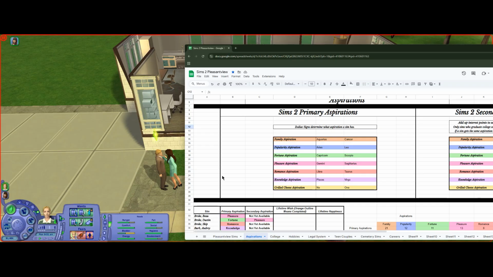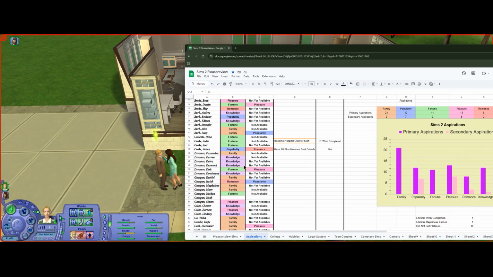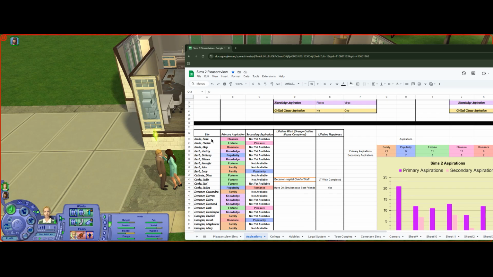So after we did all that, let's actually go ahead and update them down here. I actually added everybody to the sheet here. And yeah, so we have Bo Broke. Bo is the first one. He is actually a knowledge secondary aspiration. And let's go ahead and color code it.